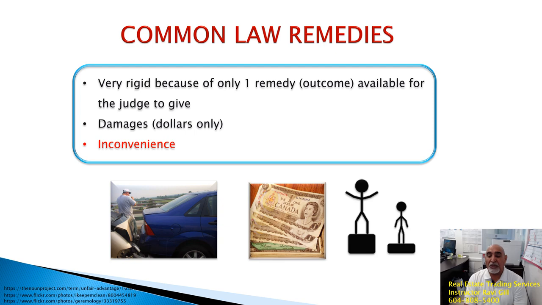And money was taking the person and putting him back into the situation where he was before. Damages really are money for inconvenience to the person. The word is inconvenience, so it's not really about doing the job. Damages really means inconvenience, how inconvenient the person is put.